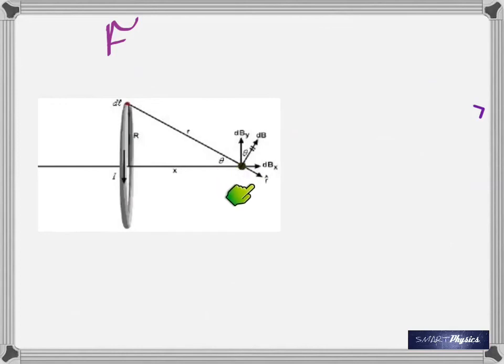Come on. Couldn't that be resolved into dBx and dBy? And do you now see that the dBy's will cancel out? And so you only have the dBx's adding up. So to find the total magnetic field at this point, you just have to take integral dBx. Did that make sense?